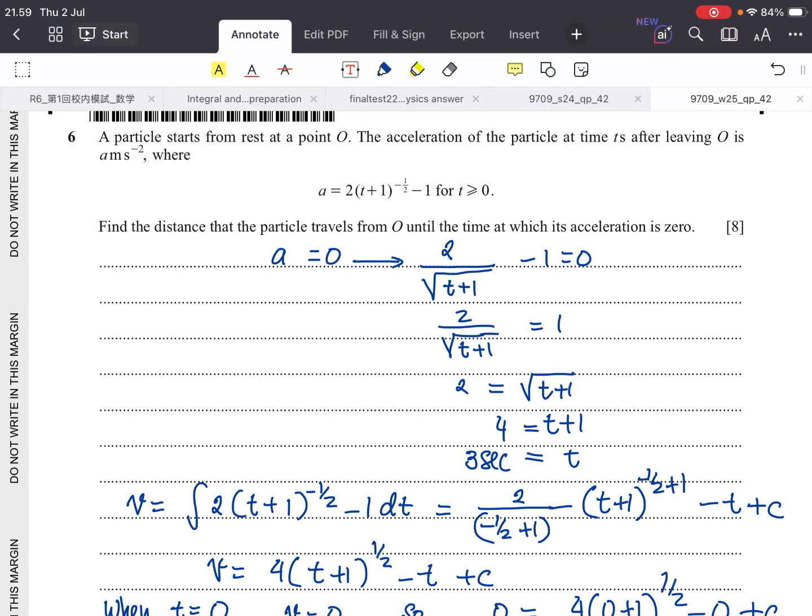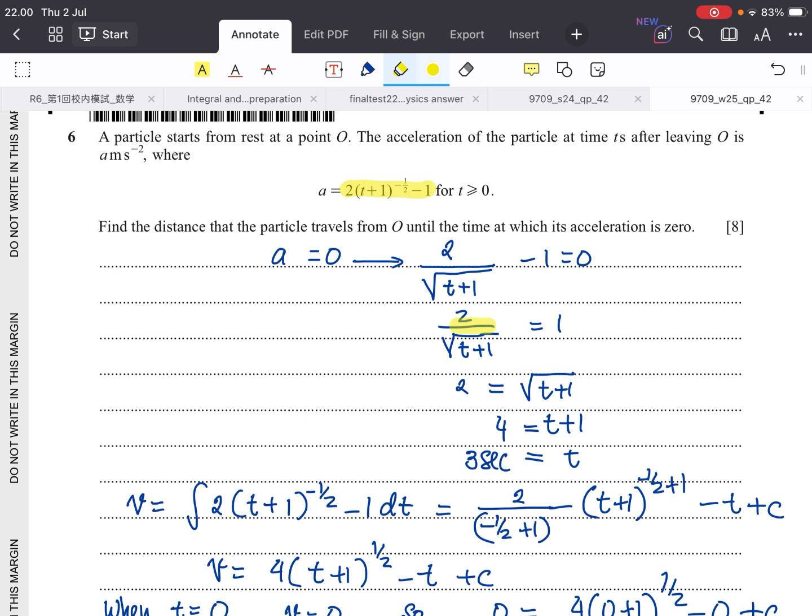So students, we need to find the time at which the acceleration is 0. Just equate this expression with 0. So 2 times (t plus 1) to the power of negative half, and then minus 1, is equal to 0.